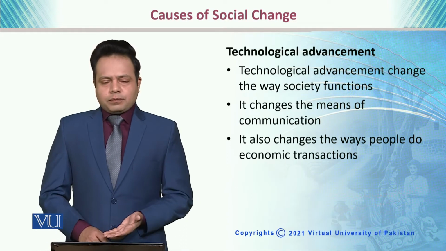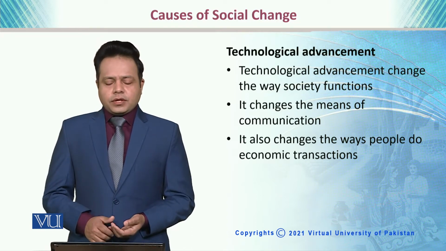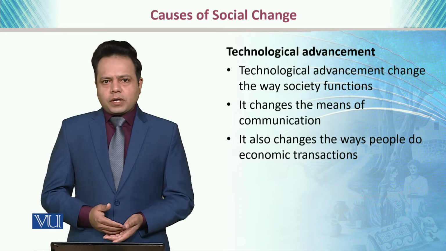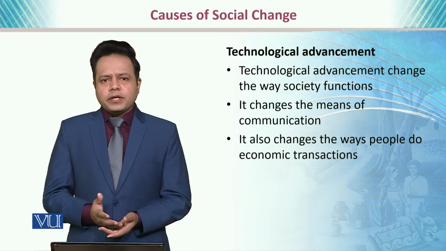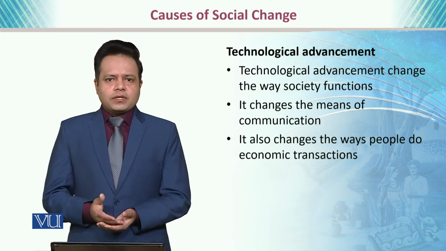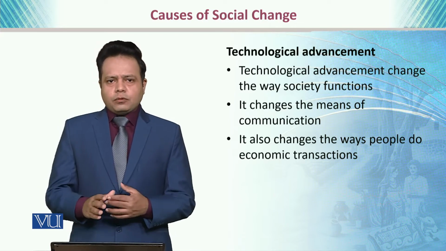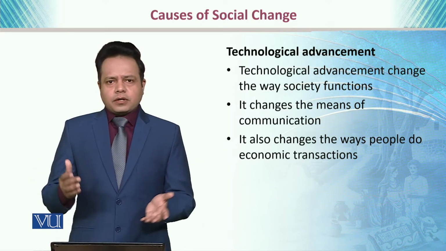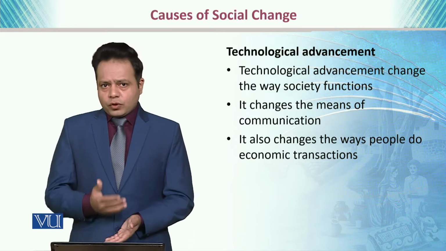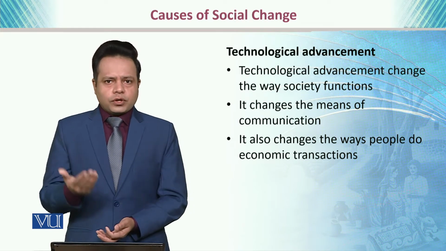For example, if we talk about technological advancement, the technological change in the way society functions, you would observe in your own lives that during the past 20 years you have almost seen revolutionary changes in information technology, which has significantly changed not only our communication patterns but also different other aspects of our lives, even the patterns of relationship, the way we communicate to our parents, or the way we communicate to our peer group, or our friends.